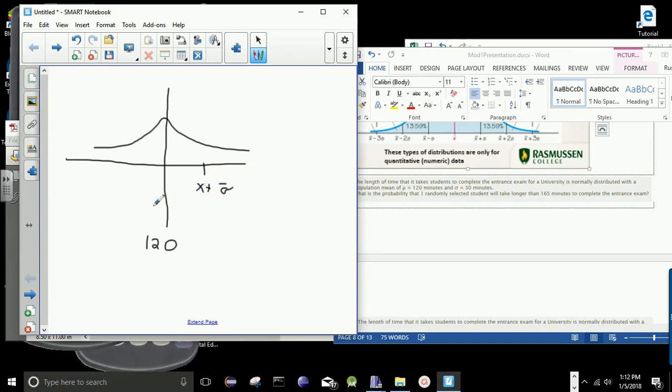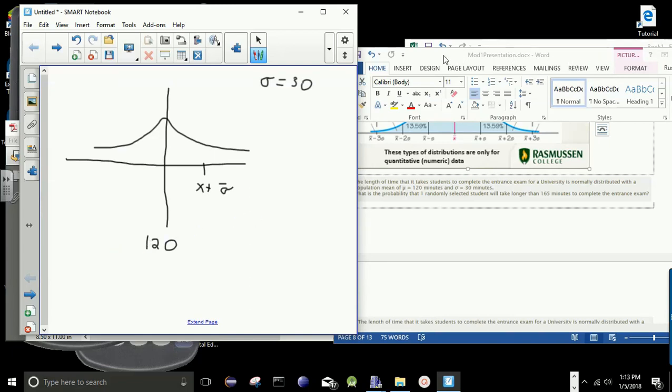Now, the problem with this information is that the data are not what are called standardized. In other words, there's no table or calculator that we can use to calculate this probability that one student will take 165 minutes to finish the exam.